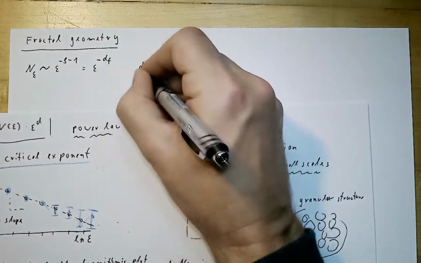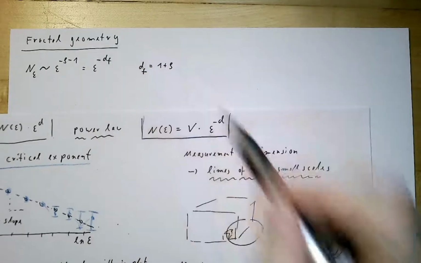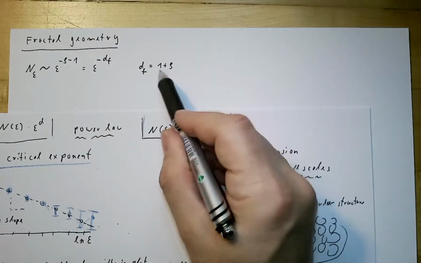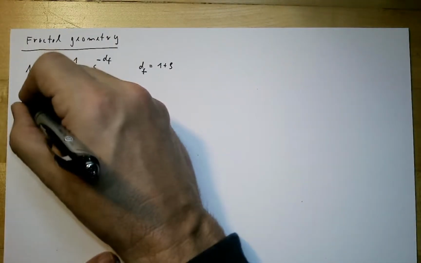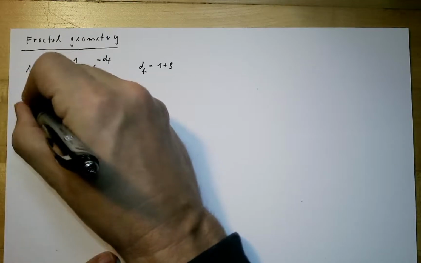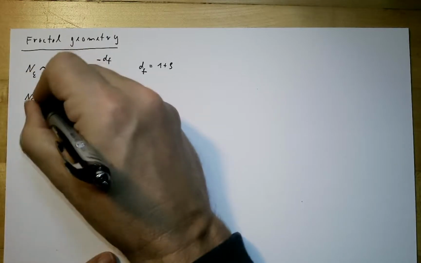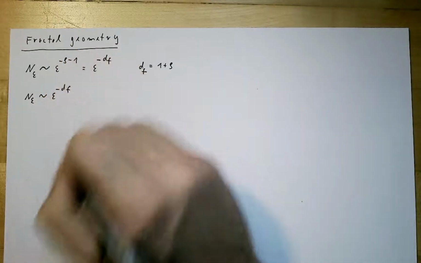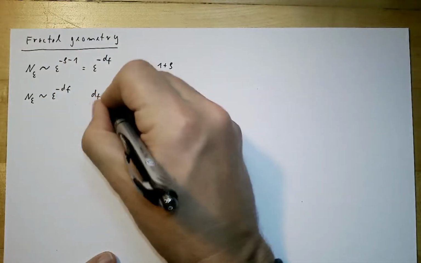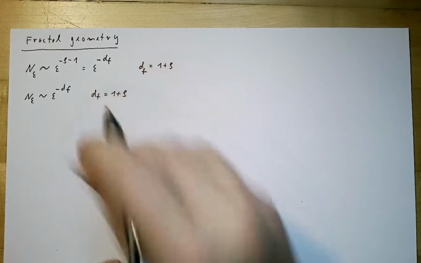And we call this the fractal dimension, because this is a number which is then not a natural number anymore, it's 1 plus something. So that's the real crucial thing. So the number of objects goes proportional to epsilon to the minus the fractal dimension, and this equals 1 plus the Richardson exponent.